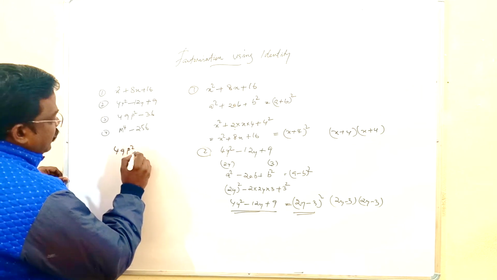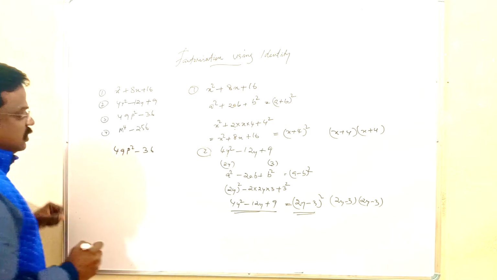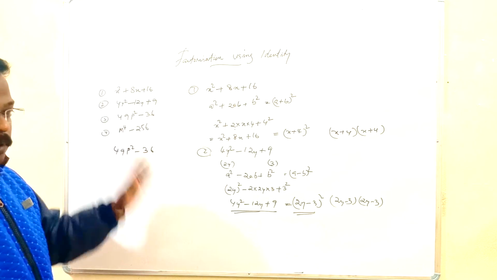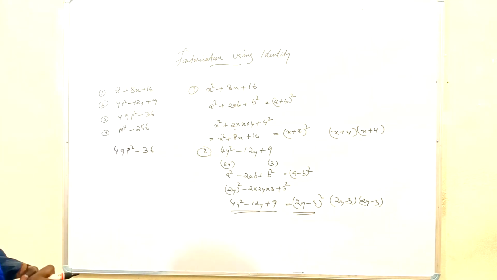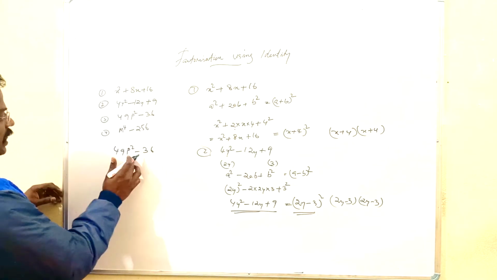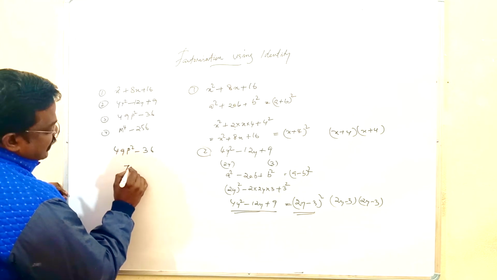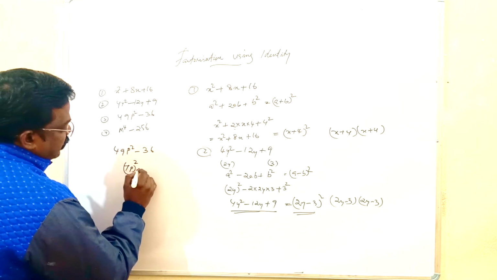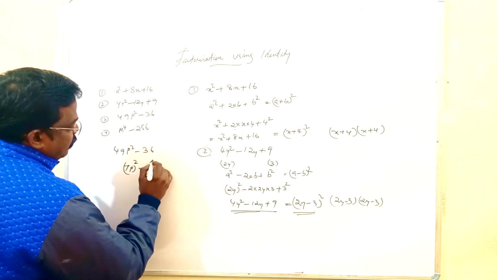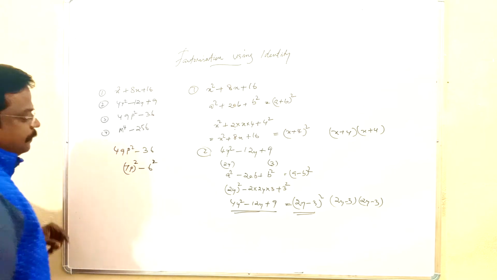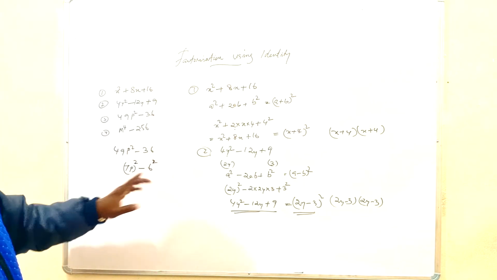49p square minus 36. Here also both numbers are square numbers. So this can be written as 7p all square minus 36, which is 6 square. Okay, now what did you get?